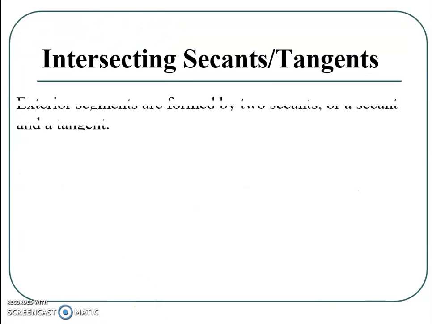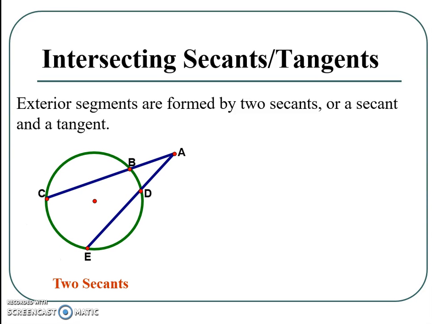Intersecting secants and tangents. Exterior segments are formed by two secants or a secant and a tangent. Here is a circle with two secants. A secant is a line that intersects a circle at 2 points, and then there are two secants above out of the circle, and these are the exterior segments.